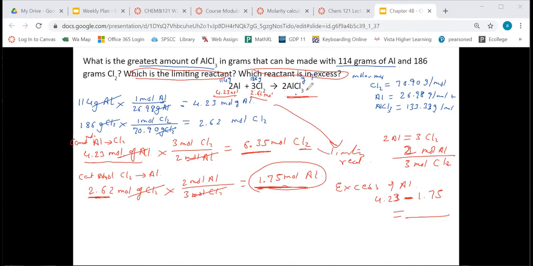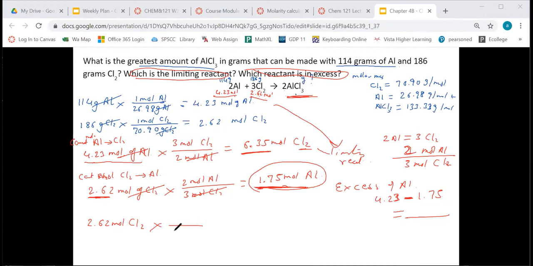Now you need to find how much aluminum chloride is formed. So what are you going to do now? We are going to use the chlorine then. So you're going to use 2.62 mole chlorine. Then you're going to use the balanced chemical equation to find the ratio.